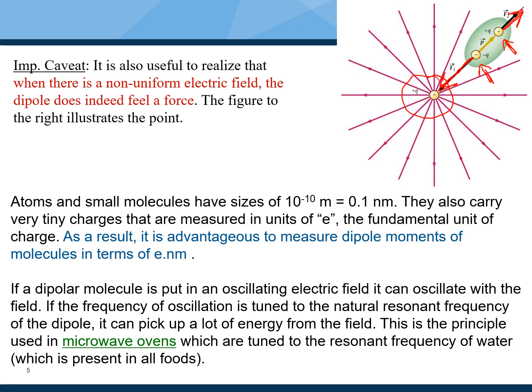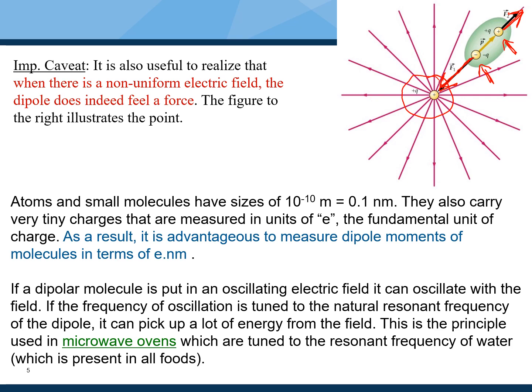And therefore, a dipole placed in a non-uniform electric field does not necessarily experience zero force. The notion of the dipole experiencing zero force is particular to situations when the dipole is placed in a uniform electric field. Now, typically, we're interested in the dipoles produced by small molecules, and those molecules typically have a distance of about a tenth of a nanometer, where a nanometer is 10 raised to minus 9 of a meter.